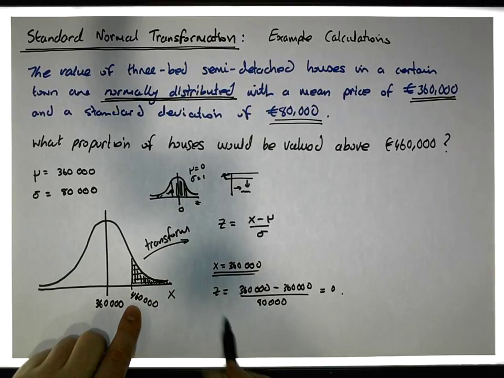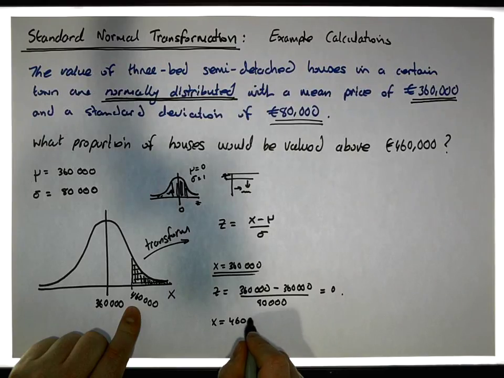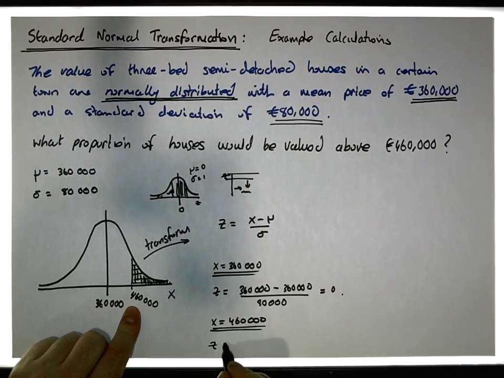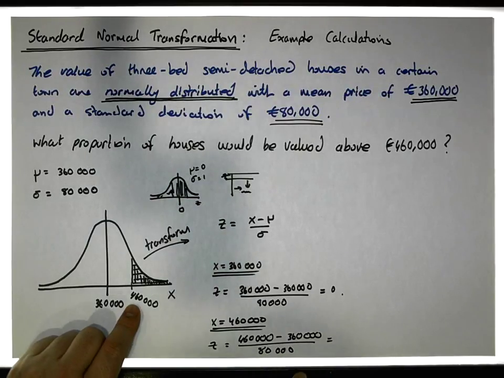What about 460,000? When x is equal to 460,000 euros, the associated z is equal to 460,000 euros minus 360,000 euros, divided by 80,000 euros, which gives us 100,000 euros.